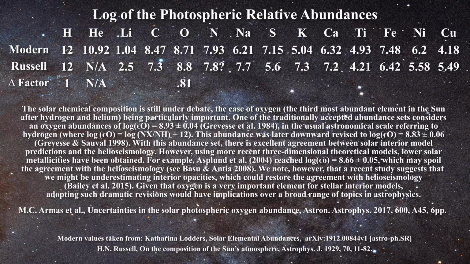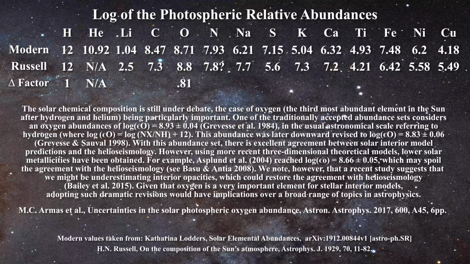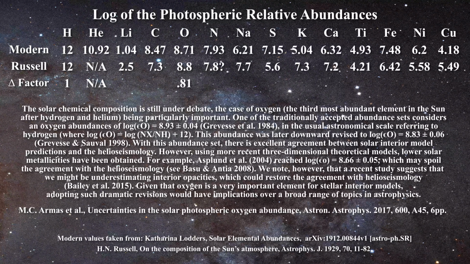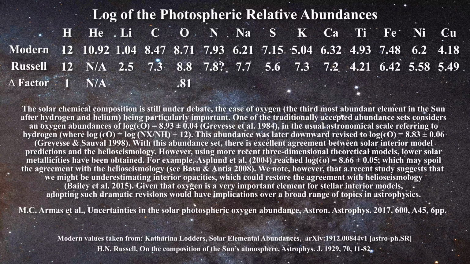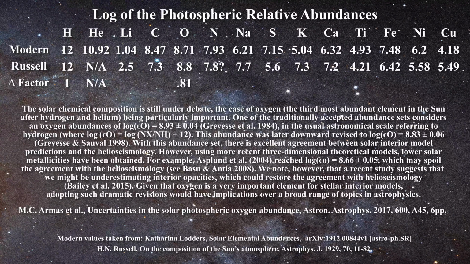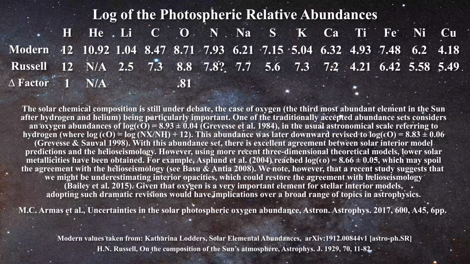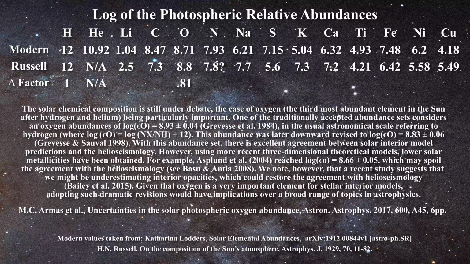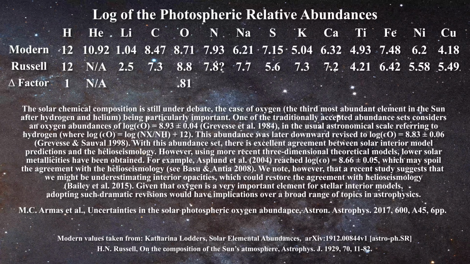This abundance was later downward revised to log epsilon oxygen equal to 8.83 plus or minus 0.06. With this abundance set, there is an excellent agreement between solar interior model predictions and the helioseismology. However, using more recent three-dimensional theoretical models, lower solar metallicities have been obtained.